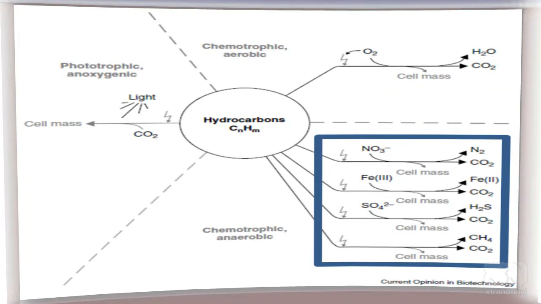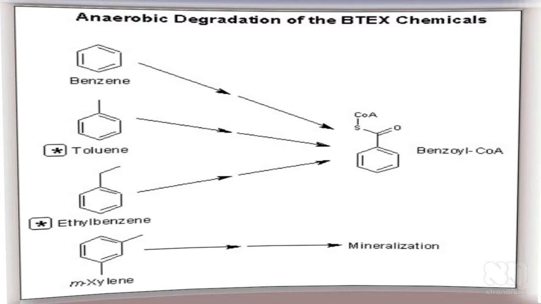Therefore, the mechanisms anaerobes use are completely different to those of aerobic bacteria. We anaerobes have evolved to use nitrate, ferric iron and sulfate as terminal electron acceptors for anaerobic hydrocarbon respiration. This allows us to activate the hydrocarbons and in turn oxidize them into compounds that we can use to grow.